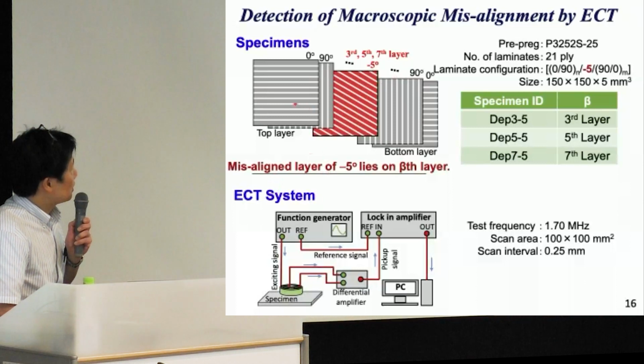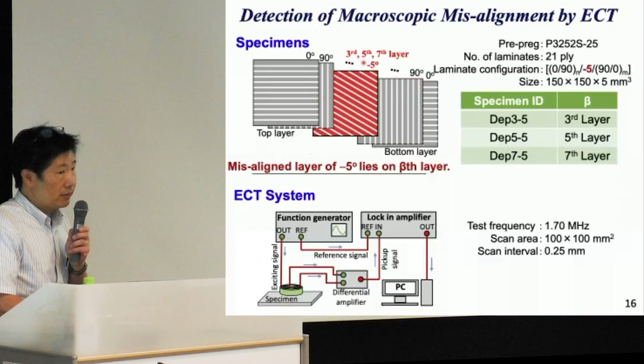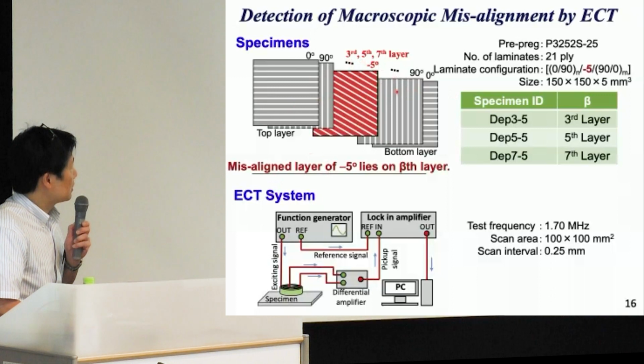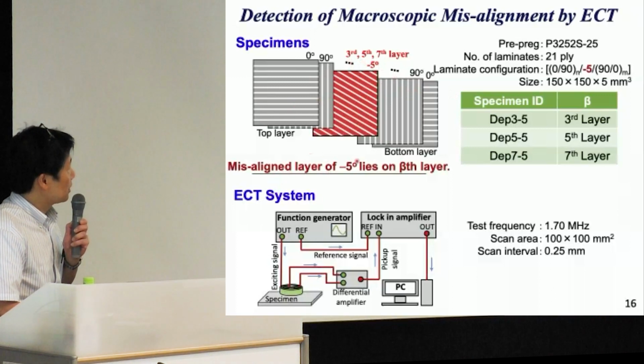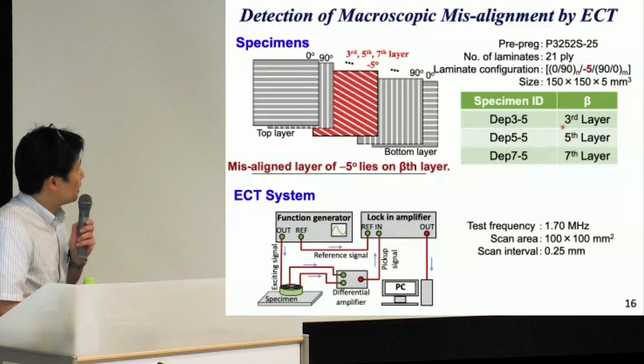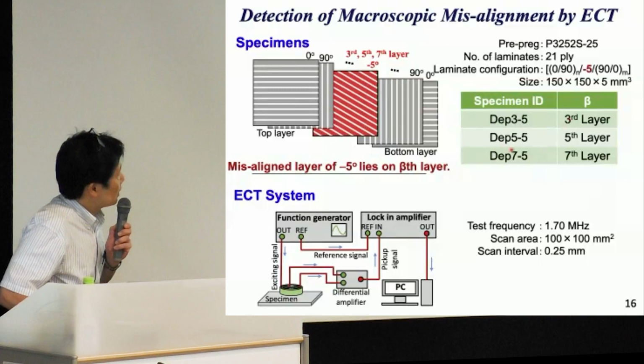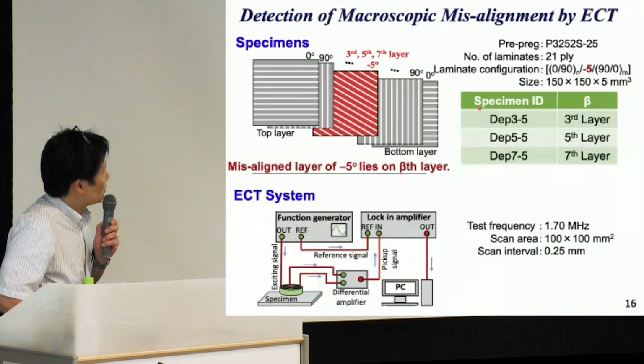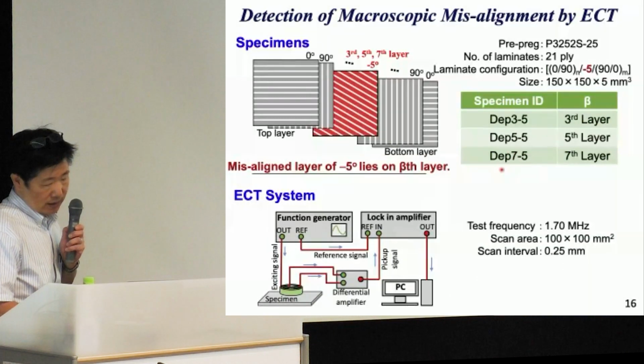Basically, this is a cross-ply stacking specimen, and on the third, fifth, and seventh layers, a misaligned layer is inserted. Here, the angle of misalignment is 5 degrees. And this is the specimen ID.